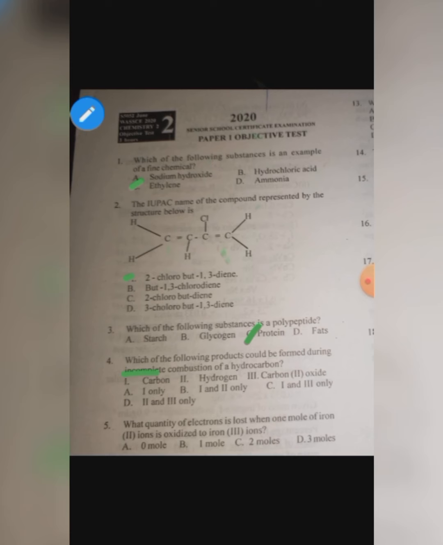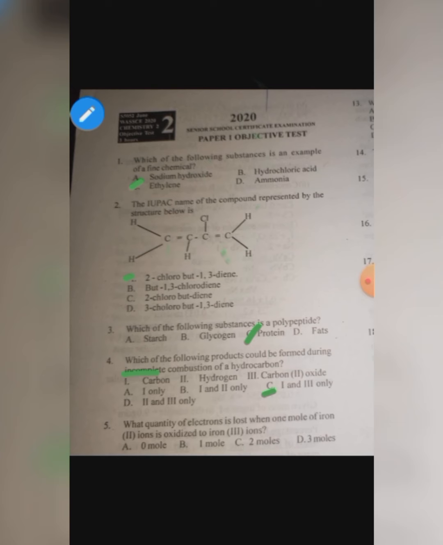Incomplete combustion happens when there is not enough supply of oxygen. So since there is carbon and carbon(II) oxide, that is 1 and 3, that is C.